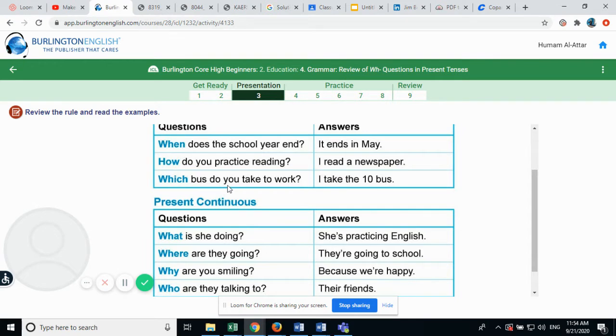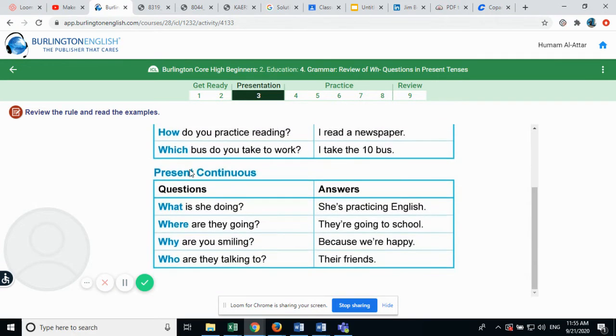Again, we use do because we have you. We only use does with he, she, and it. And we use do with I, you singular, we, they, and you plural. Okay.